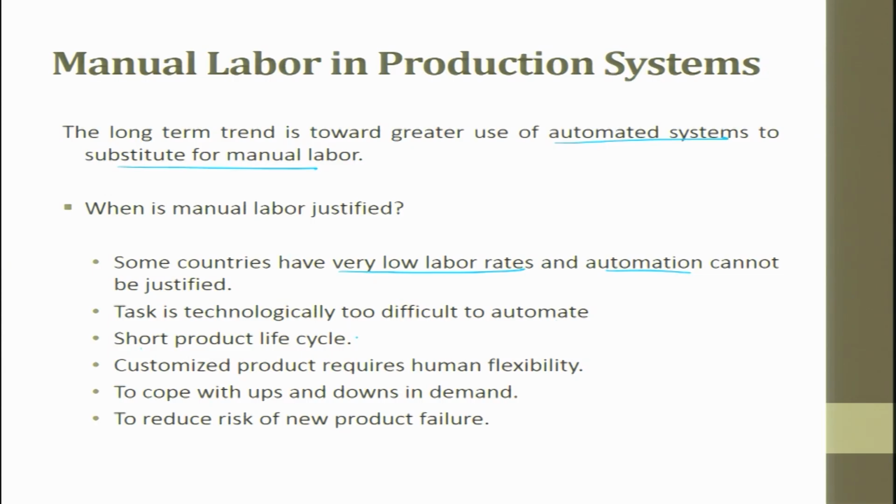If the life cycle of the product is too short, for example, seasonal, it is only for one season, then we go for manual. Customized product requirements, human flexibility, coping with ups and downs in demand, and reducing the risk of new product failures. All these things even today push us to go for manual labor, and we justify using manual labor at these places.